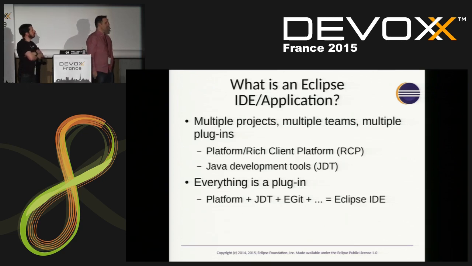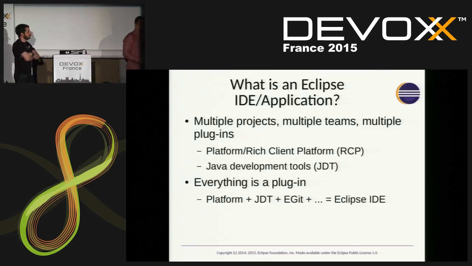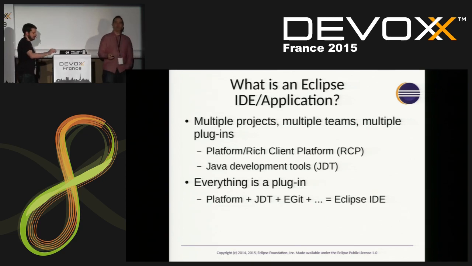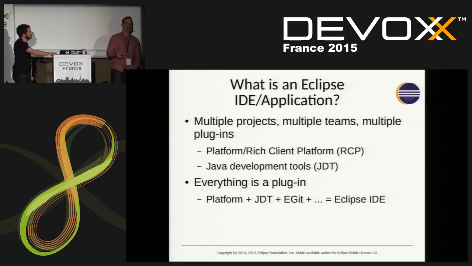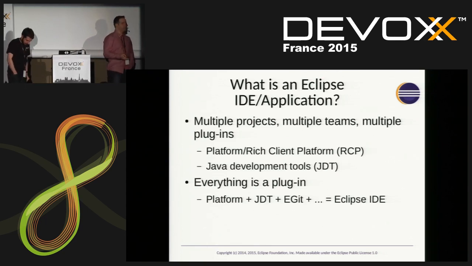Eclipse, again, I think we've probably all heard about plugins. Eclipse is really just this composition of plugins that come from lots of different sources. And of course, we provide a lot of them. But if you go to the Eclipse Marketplace, you'll find a great number of other plugins provided by lots of wonderful people in the community. Eclipse is a Java development tool by virtue of having code provided to us by the Java Development Tools project.